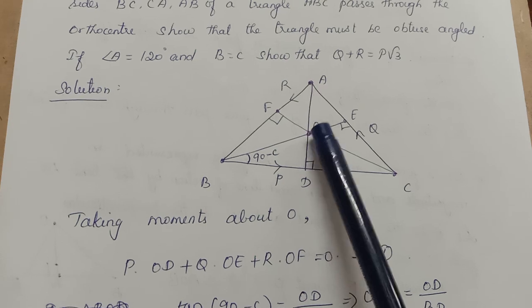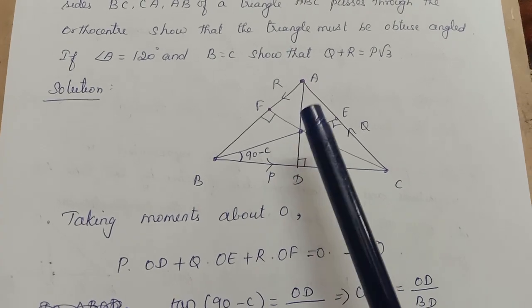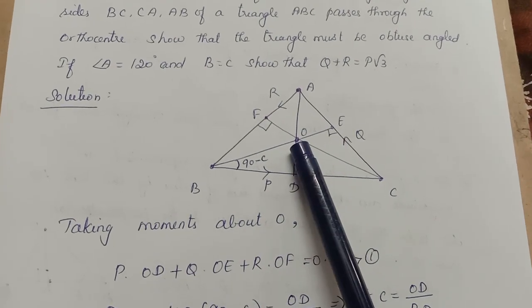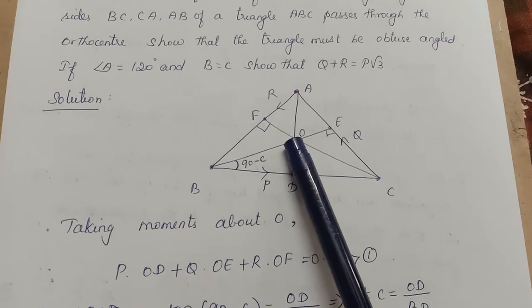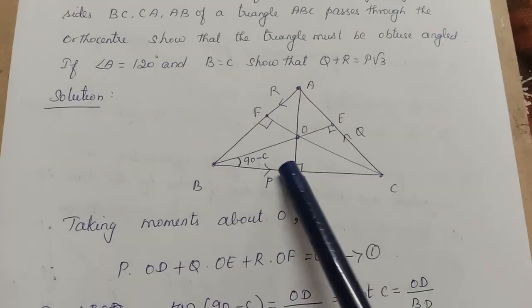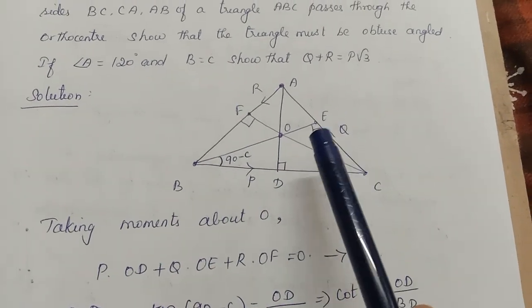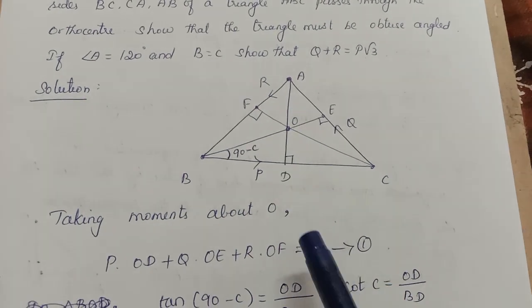Now they have given in the question that the resultant of the three forces passes through this O. That means the algebraic sum of the moments of all the forces taken about this orthocenter will be equal to 0, because the body is in equilibrium. So the moment of P plus the moment of Q plus the moment of R taken about this particular O is equal to 0.